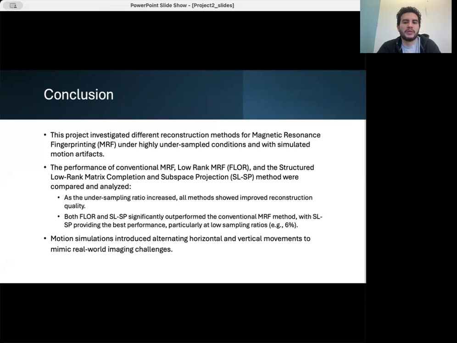All methods improved the reconstruction quality as the sampling ratio increased, but FLOR and SLSP outperformed the conventional MRF. In our case, SLSP delivered the best results, especially at low sampling ratios, which in our case was 6%. We also did motion simulations to incorporate alternating horizontal and vertical movements to replicate real-world imaging challenges, highlighting SLSP's robustness in such conditions.